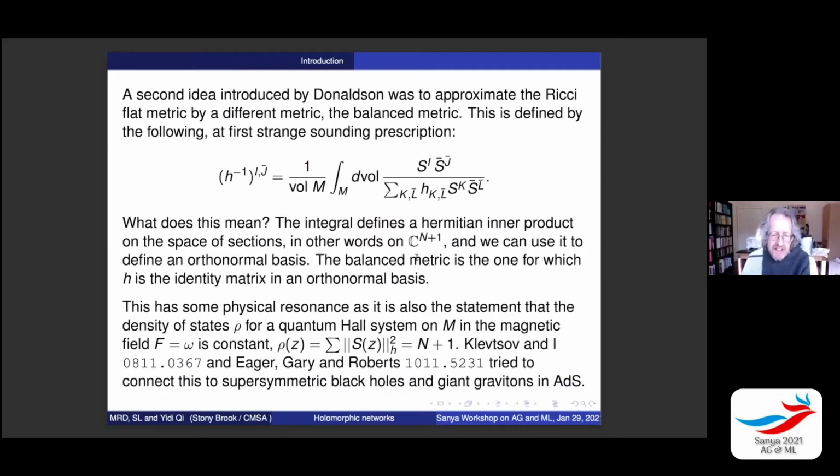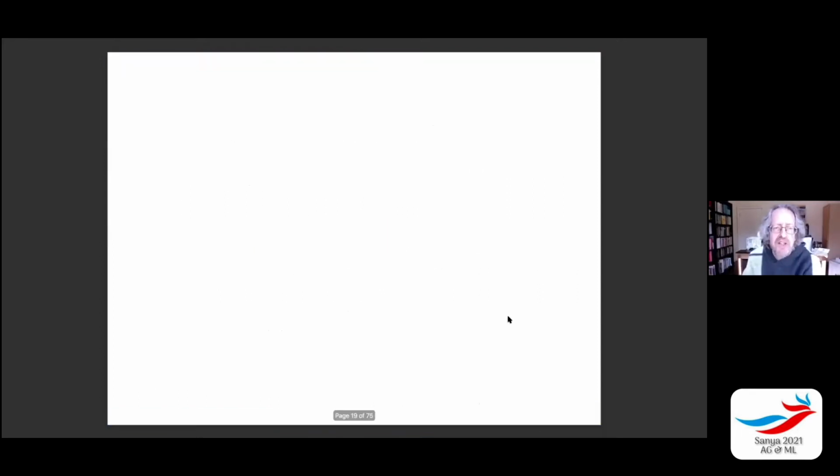And this will be, in fact, the condition that the density of states for such a quantum Hall system is constant on the manifold, which again, maybe there's some physics to be had from this paper of Eager, Gary, and Roberts, as well as some work I did with Semyon Klevtsov, which tried to find such interpretations.